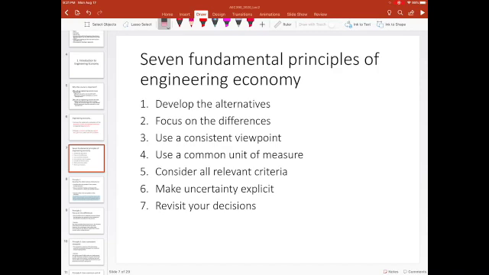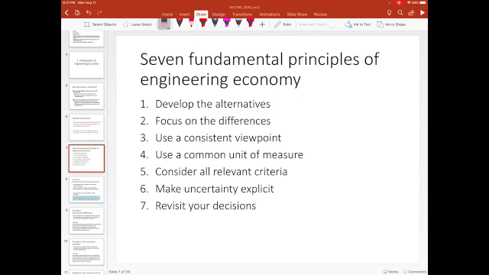For those, you also want to keep the unit consistent to compare different alternatives. That's what it means. And number 5, consider all relevant criteria, which means you want to consider all the possible factors involved in the decision making. And 6, you want to make uncertainty explicit.